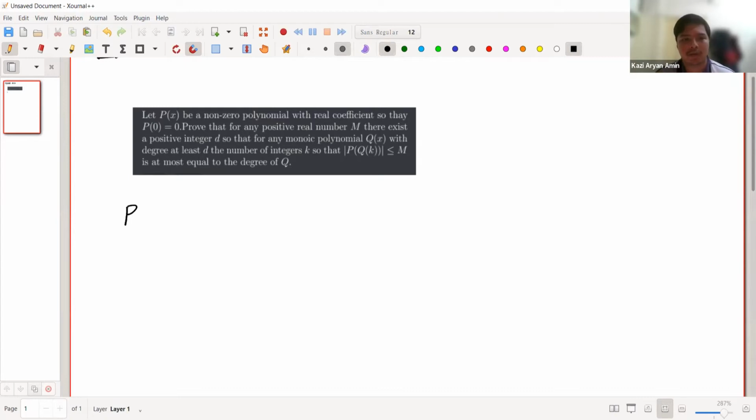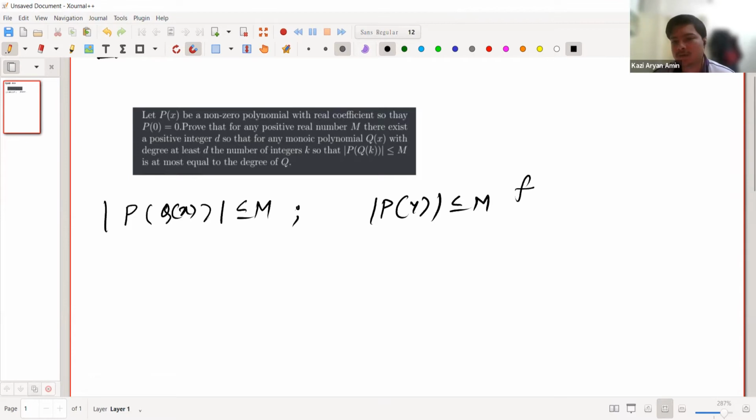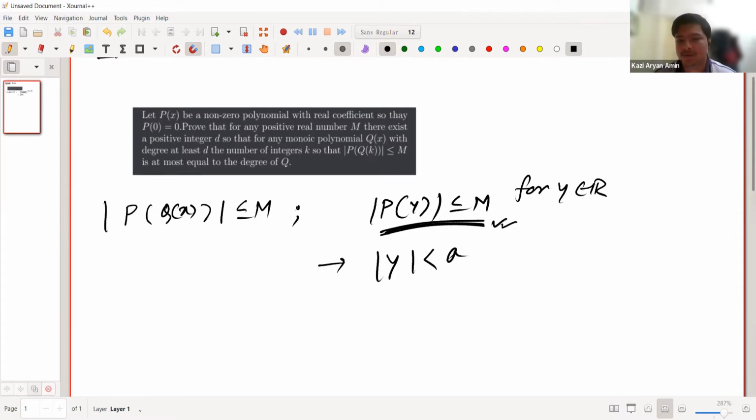So suppose you are trying to solve the equation, let's say just p of x is at most m for some real m. So first of all, try to think about the problem in this way. Whenever you are trying to solve mod of p of y is less than m, where y is any real, you know that the solutions are going to be of the form mod y less than, let's say, a for some real a.